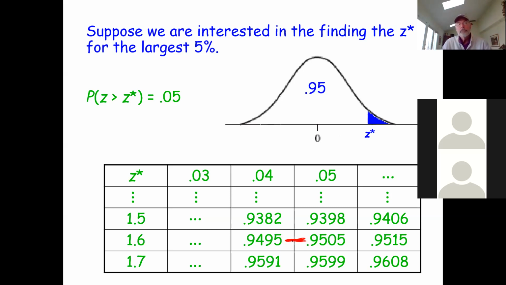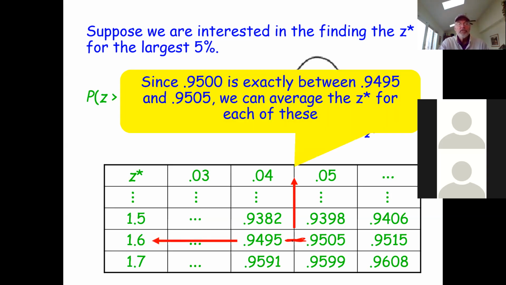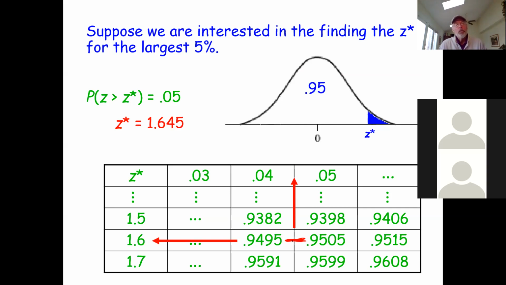So we think the z-score is 1.64 or 1.65. That would give us a chance to get a third digit, and that z-score would be 1.645. Questions about this?